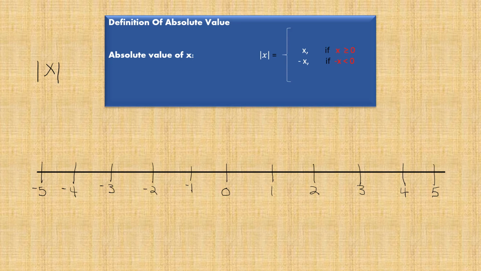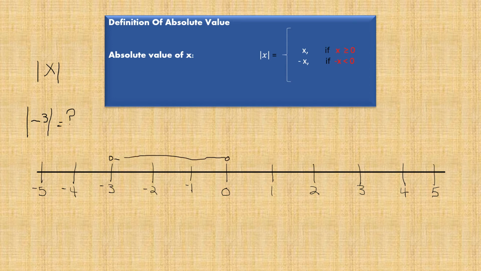So basically, the absolute value can be seen as the distance from zero, the number of units from zero on the number line. For example, the absolute value of -3, let's put it right here, -3 with two bars. What is the absolute value of -3? Well, let's go to where -3 is located. This is -3. And how many units is it from the zero?